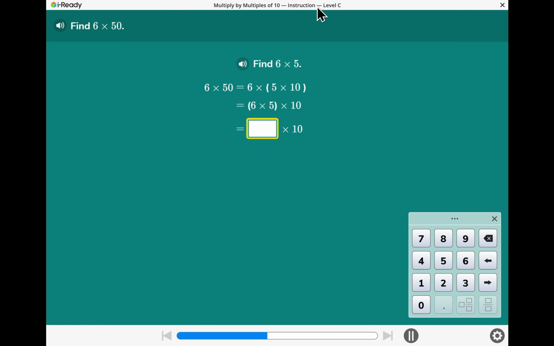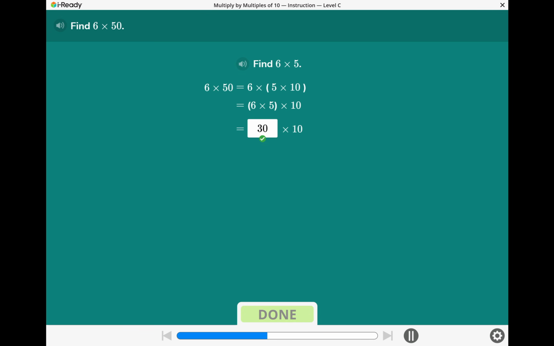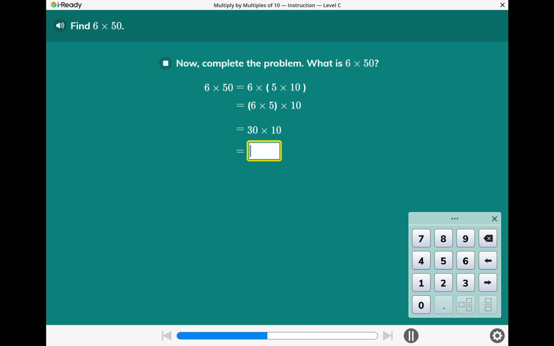5, 10, 15, 20, 25, 30. Oh, it's 30. Now 30 times 10. Now, complete the problem. What is 6 times 50? So 10 plus 10 plus 10, or 30 plus 30 plus 30.